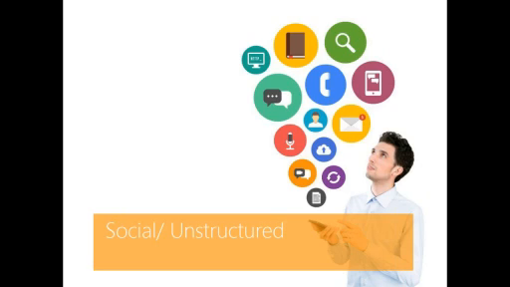So here we have social and unstructured. What could be the value here? Well, the objective could be to minimize the noise and provide quality over quantity of information. We also want to understand the proper context. What is it in this situation that we're talking about?